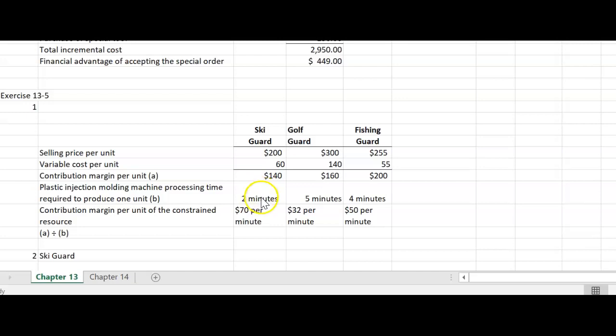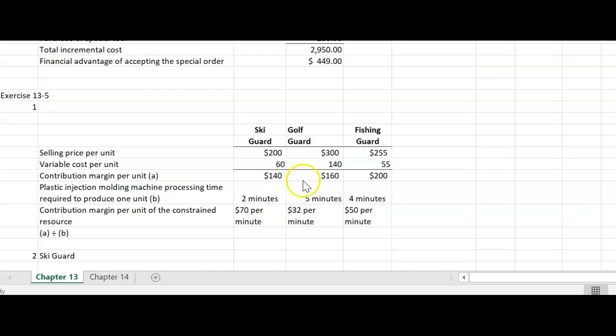It's given to us in the problem: for the Ski Guard, you use the molding machine for 2 minutes. So we would take $140 divided by 2 minutes, which gives us $70 per machine minute.